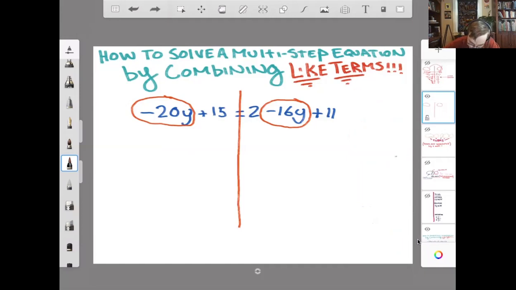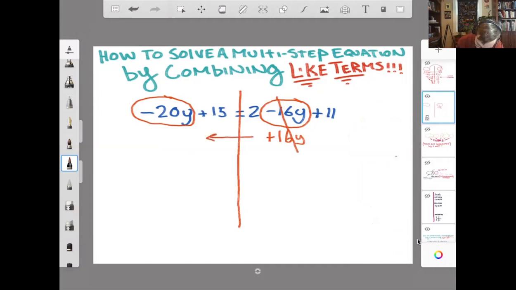So let's negate negative 16y by inverting it. The opposite of minus 16y is plus 16y. So I'm going to put a plus 16y here, and that is going to negate the negative 16y. Whatever I do on one side of the equation, I have to also do to the other side.